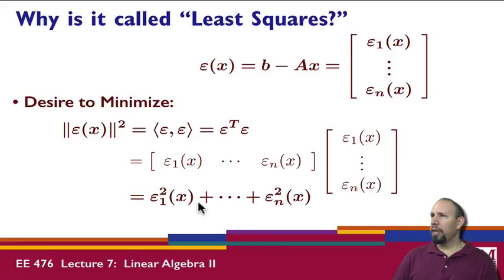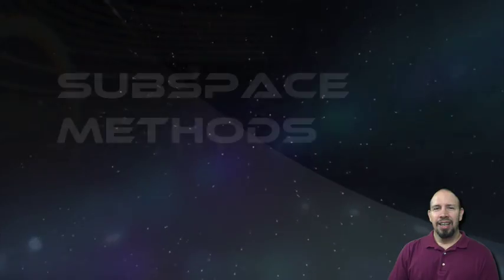When we multiply it out, we get the sum of the squares of the elements of the error. So the least squares is the smallest sum of the squares of the elements of the error. So we're trying to minimize or get the least sum of the squares of the elements. That's why it's called least squares.